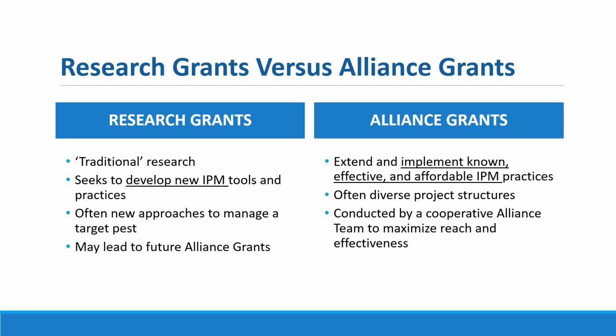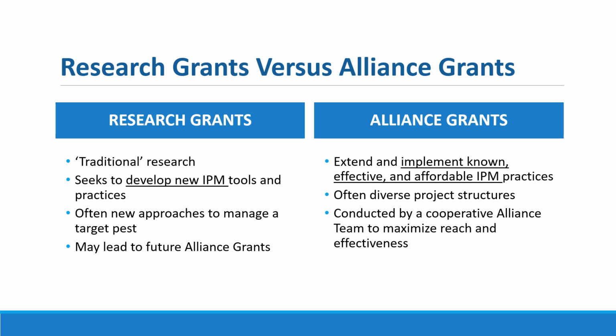Our research grants and our alliance grants programs do have importantly different goals. Our research grants program is for traditional research projects that seek to develop new IPM tools and practices. And these new approaches often manage a target pest that is of importance in California, and they can often lead to future alliance grants.